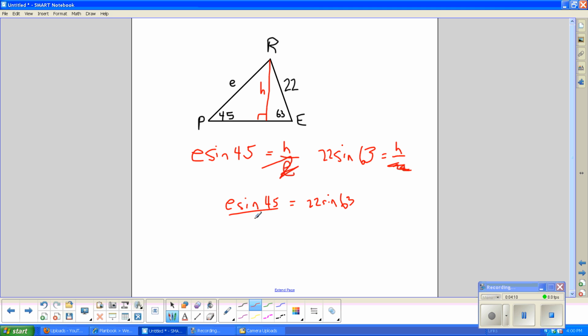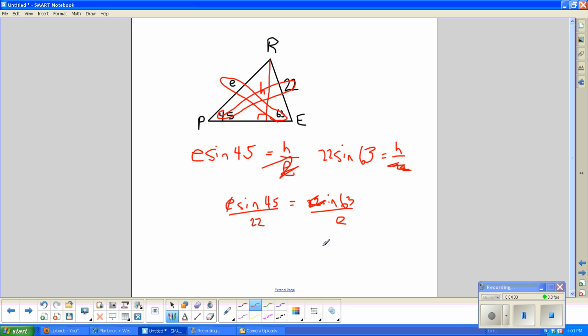Divide both sides by 22e, which would get rid of the e and put a 22 on the bottom. And on the other side, we get rid of the 22 and get an e on the bottom. And again, what I'm interested in you noticing right now is that the 45 degrees and the 22 are together, 63 degrees and the e are together.